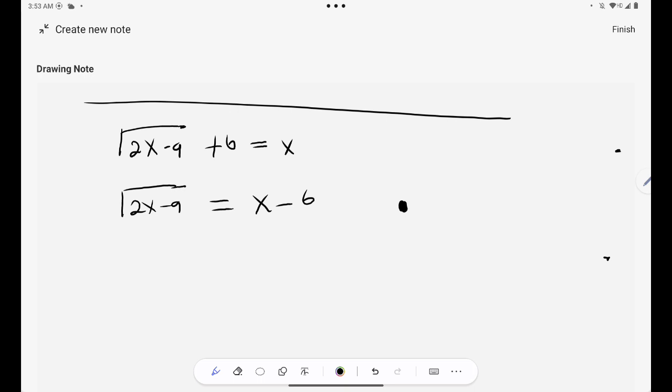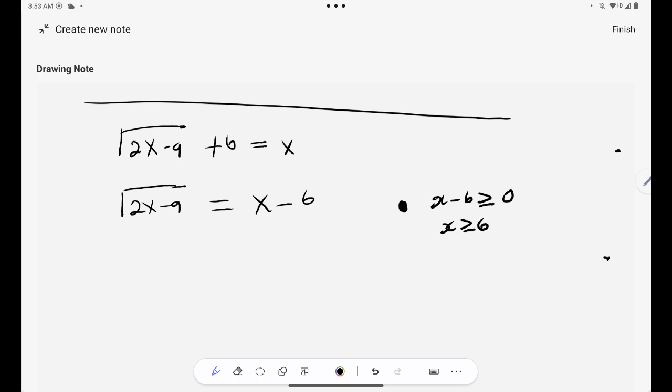Everything that is under a square root, whenever I put everything under a square root, I must get something which is positive. Are you together? So my restriction should say x minus 6 should be greater or equal to 0. Then whatever solution that I'll get must be greater or equal to 6.